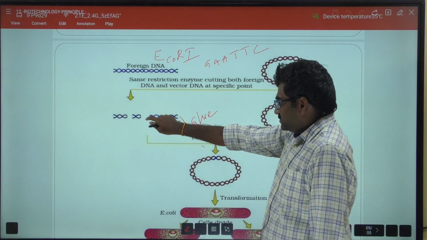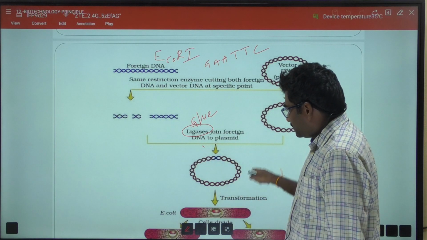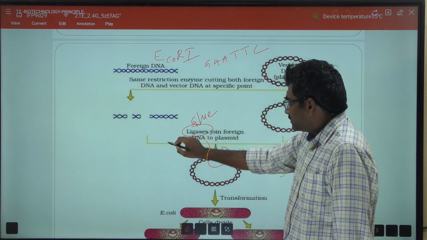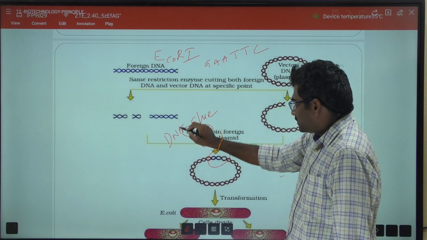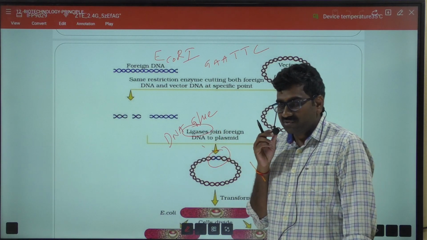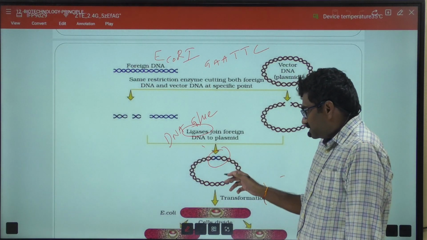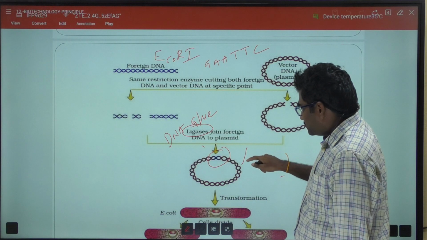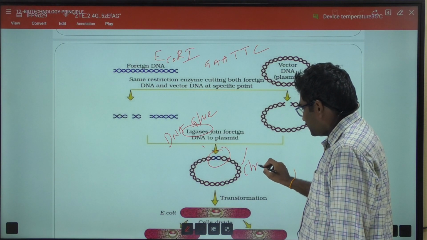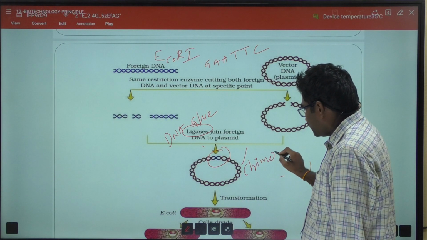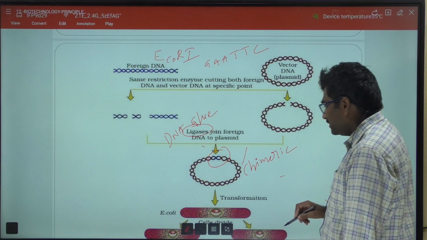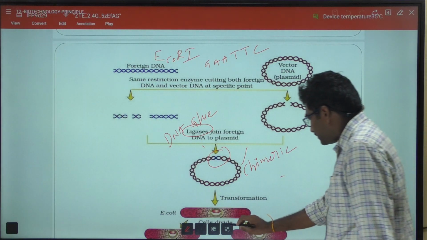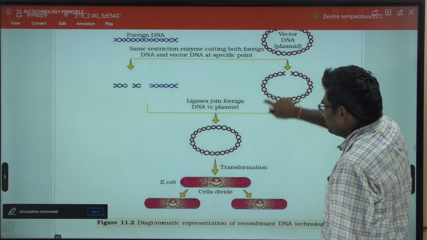So we are ligating this gene of interest to the vector DNA using the enzyme DNA ligase, which acts as a molecular glue, so that we obtain our rDNA. This rDNA is also called chimeric DNA, hybrid DNA or new DNA.